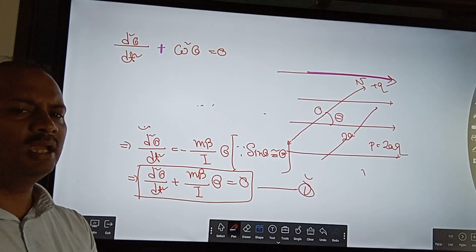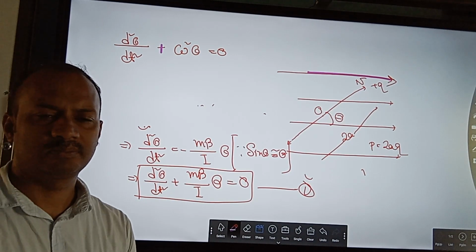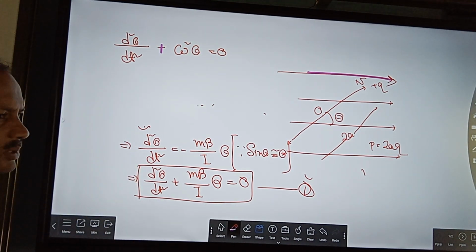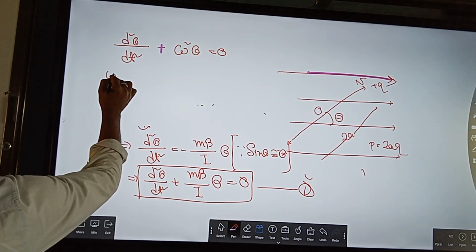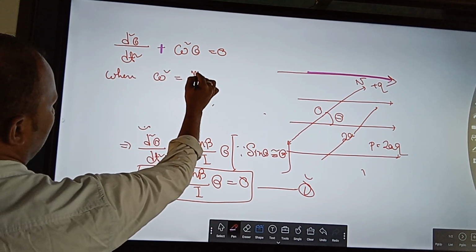What does omega mean? Omega means angular frequency.